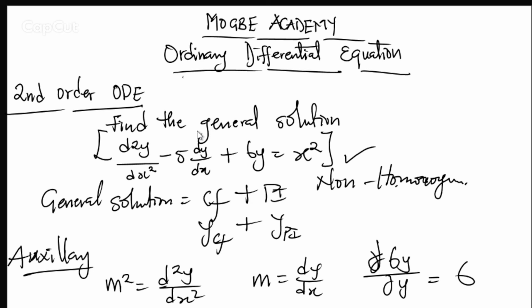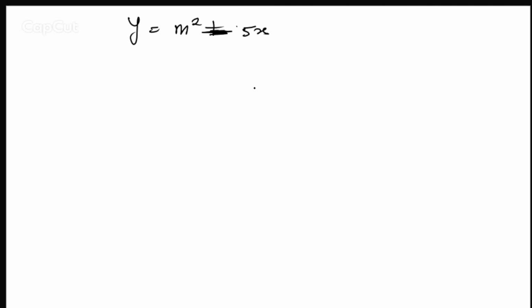You simply have 5m, not x. Remember, your dy over dx is equal to m. So what you have here will simply be 5m, and that will be plus 6. So this is your auxiliary equation.